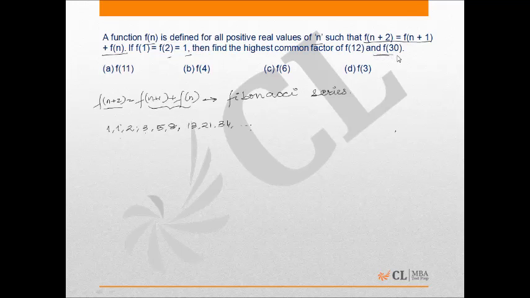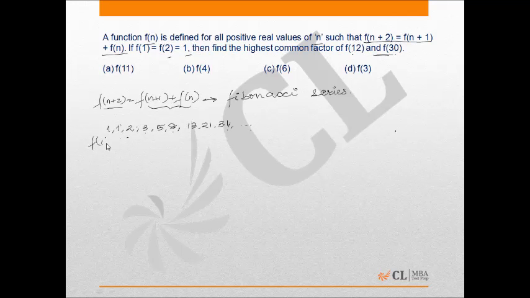It may force you to calculate the value of f(30), and f(12) is easier to calculate because writing down these many numbers only, we have reached f(9). But if this was f(12) and f(300), then that definitely meant that there is going to be some pattern. So let's try to look at the pattern.